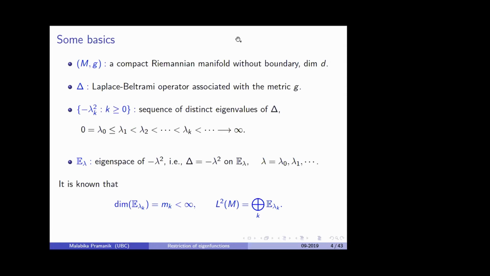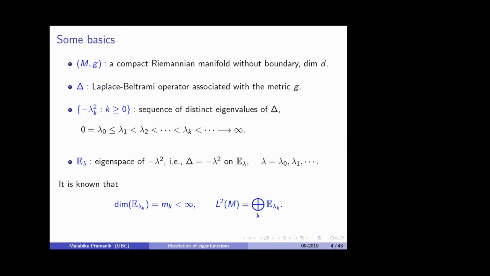Throughout this talk, capital M will denote a compact Riemannian manifold without boundary of dimension d. The Riemannian metric g endows M both with a topology and a canonical volume measure.